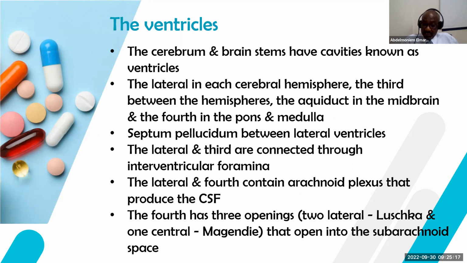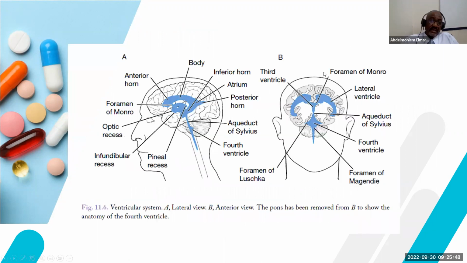The two lateral ones are the foramina of Luschka, and the one in the median plane is called the foramen of Magendie. These open into the subarachnoid space. So the fluid produced in these ventricles comes to the fourth ventricle, and from there it moves out into the subarachnoid space of the spinal cord and brain. So there are three openings in the fourth ventricle.